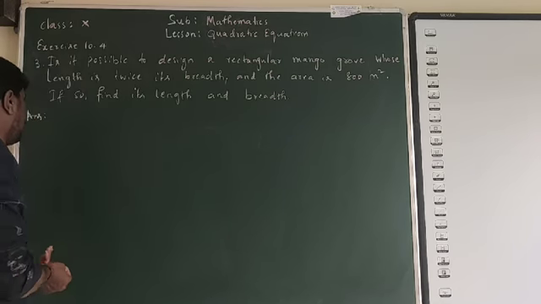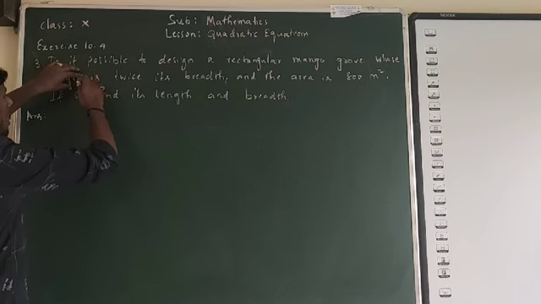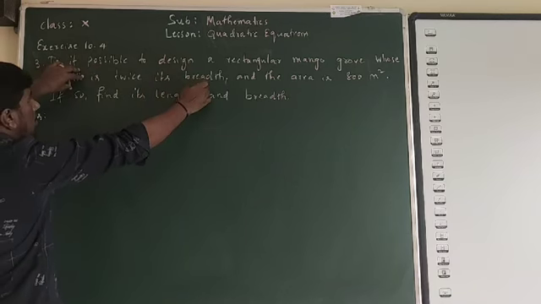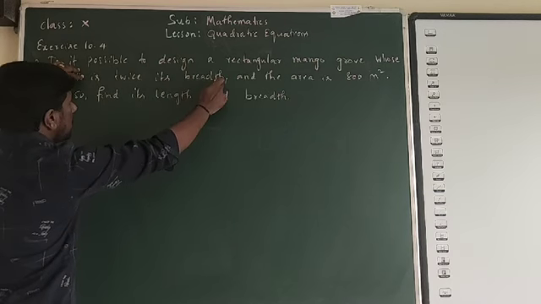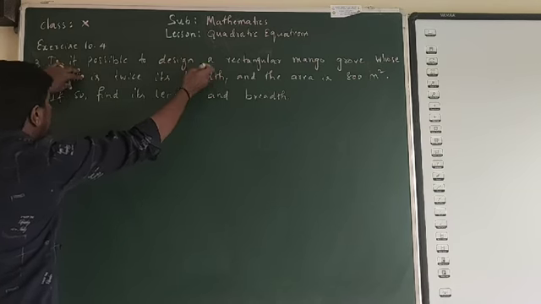It's very easy. First we will define the breadth, because length is defined in terms of breadth. Observe that length is twice its breadth. So if I define the breadth, using this breadth I can express length.